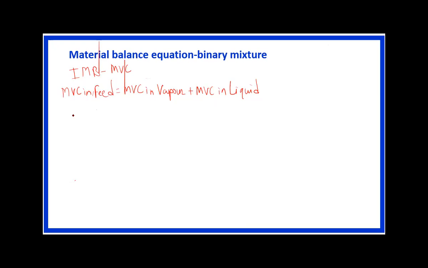So MVC in feed, it means the feed moles, that is 1 into fraction. So here the fraction is XF. Then MVC in vapor means F and fraction is y, and MVC in liquid means 1 minus F and fraction is x. Then in the next step, we can rearrange this equation as F into y equals XF minus (1 minus F) into x.